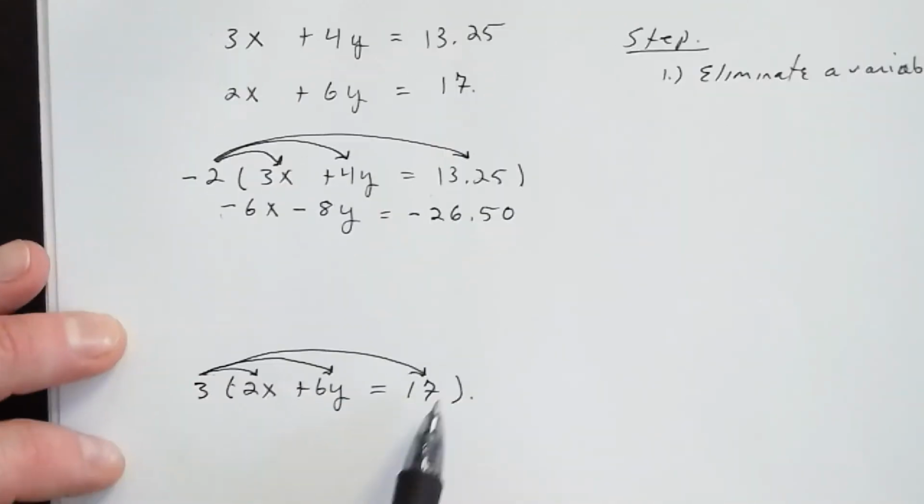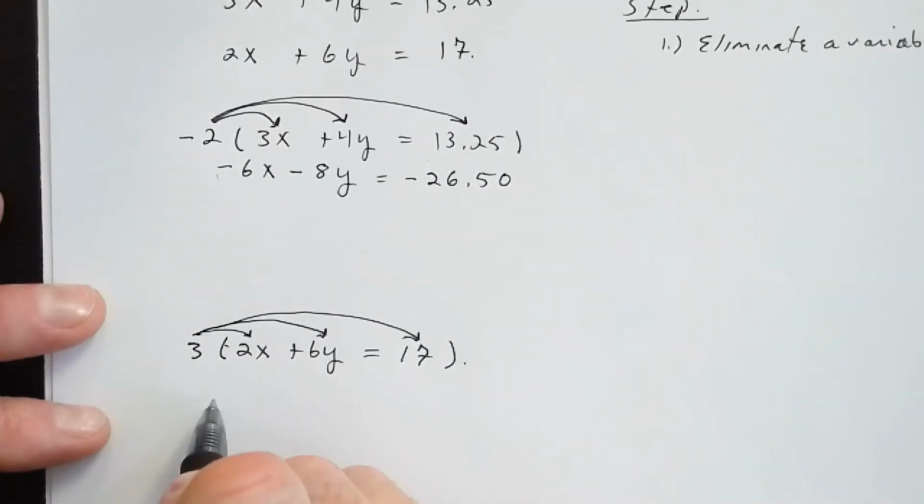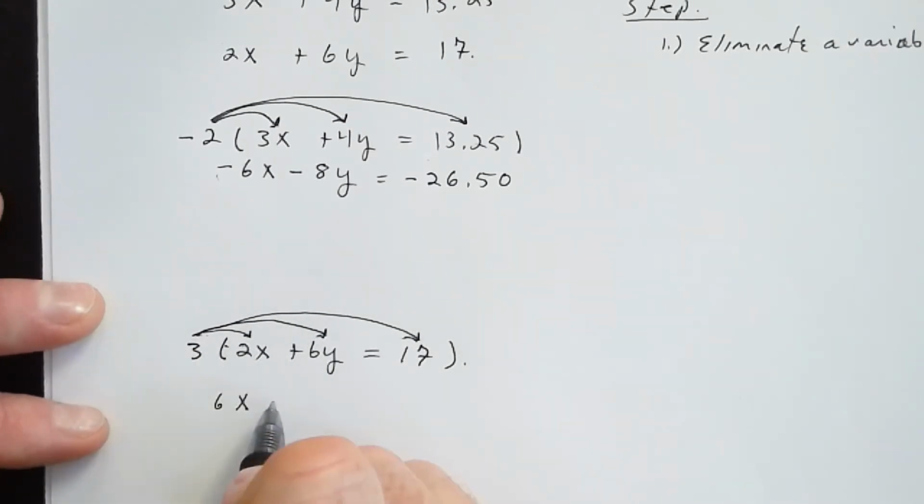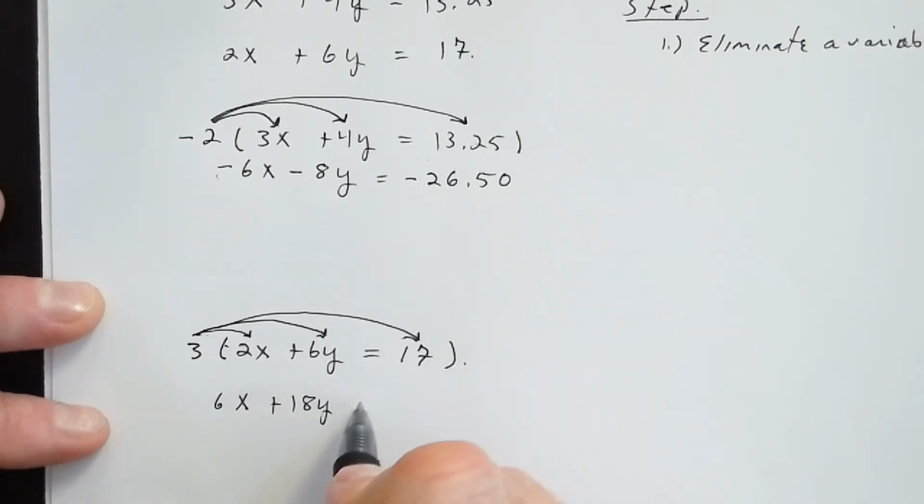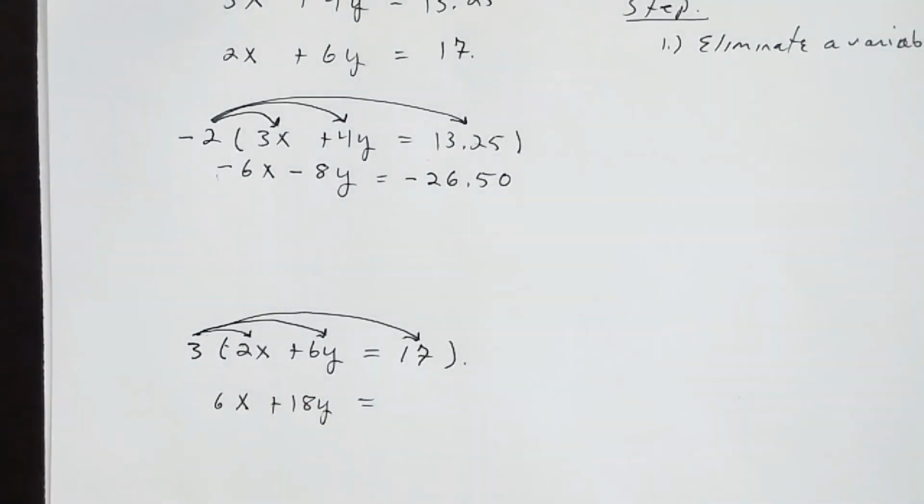And for the bottom, we have 6x, we have 18y, and that's going to be equal to 51.